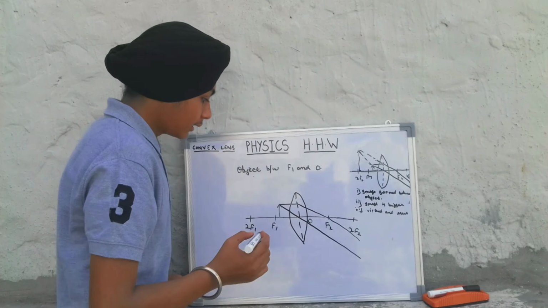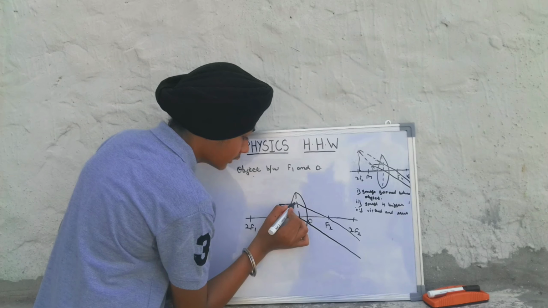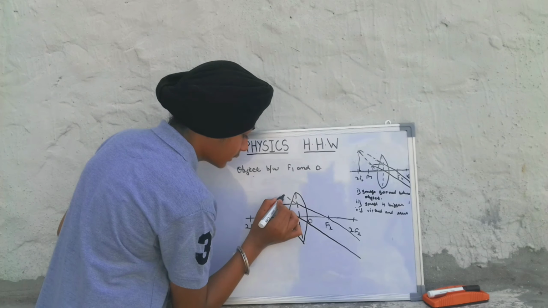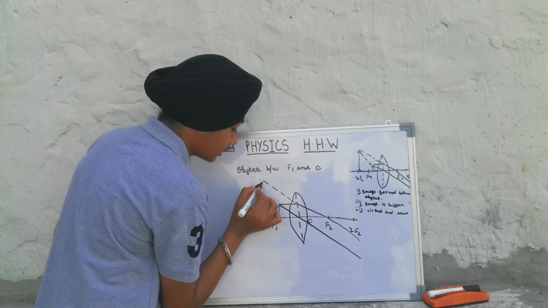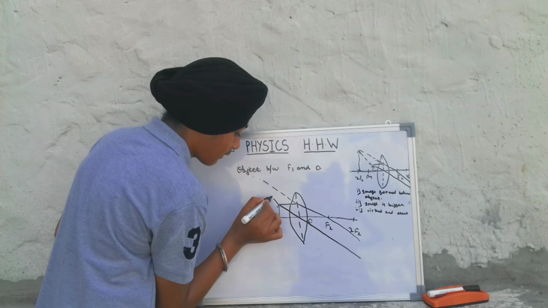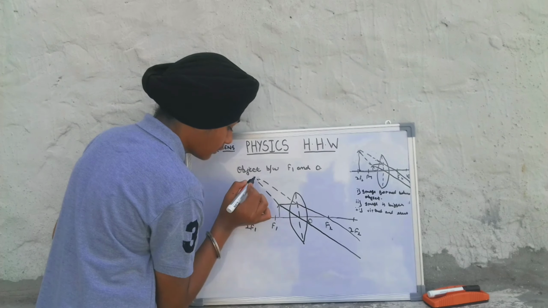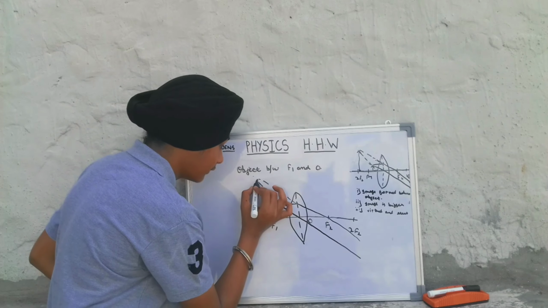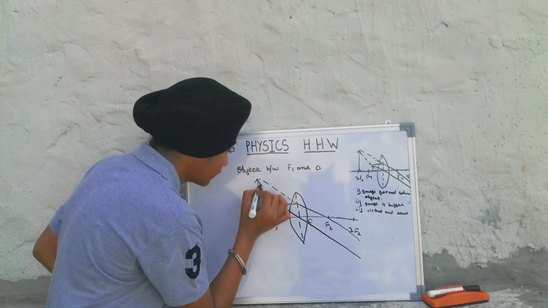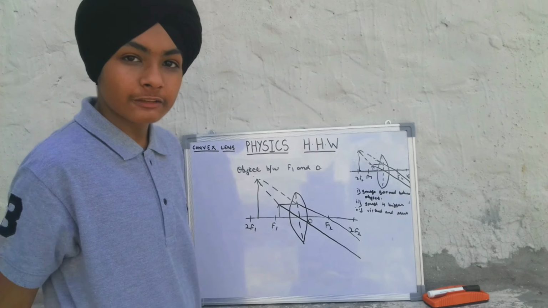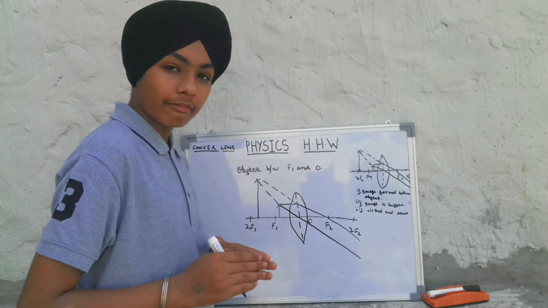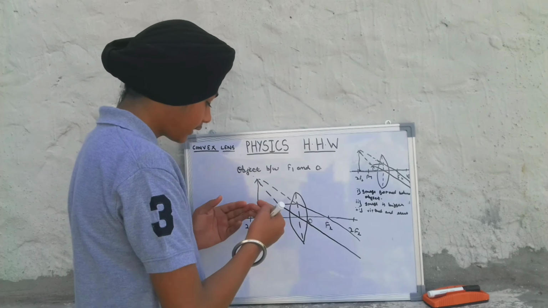Okay, now we extend this ray from back to upward. And here our image is formed. Our image is formed behind F1, or between 2F1 and F1.